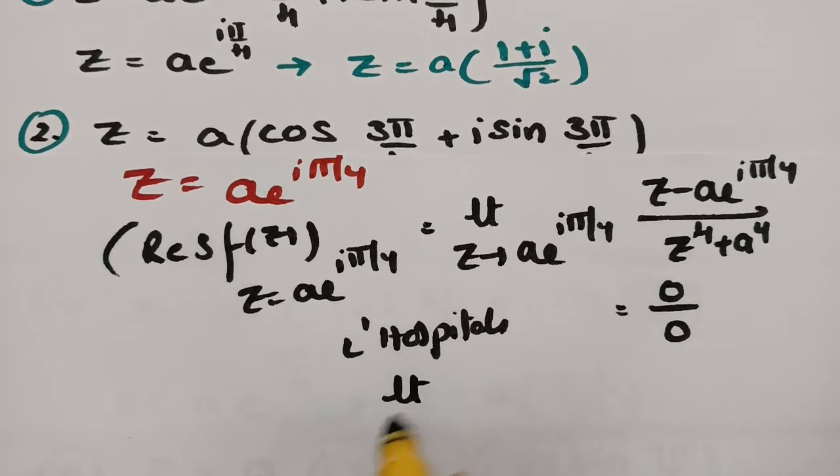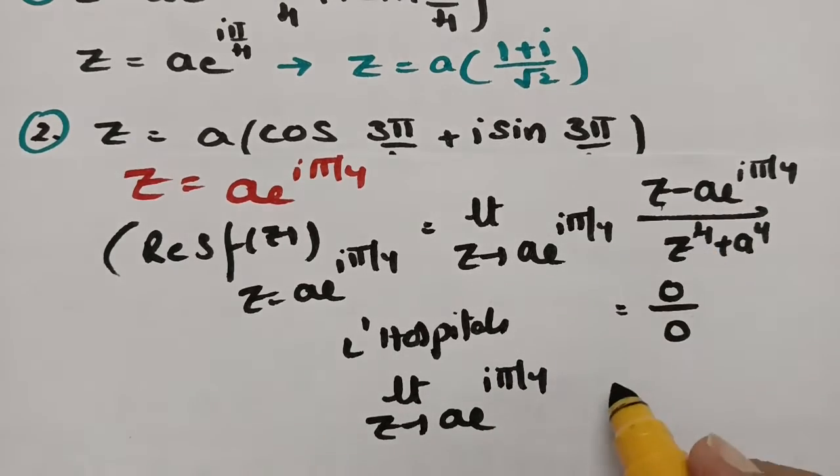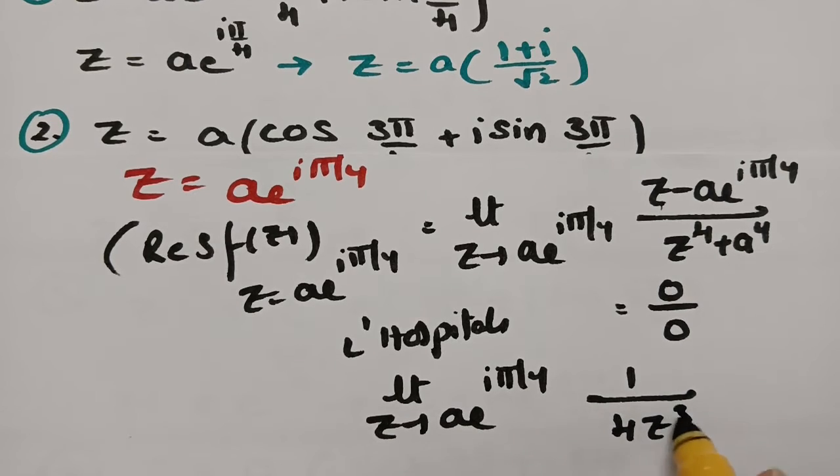this will be the limit as z tends to a e^(iπ/4). The derivative in the numerator is 1 and the derivative in the denominator is 4z^3.